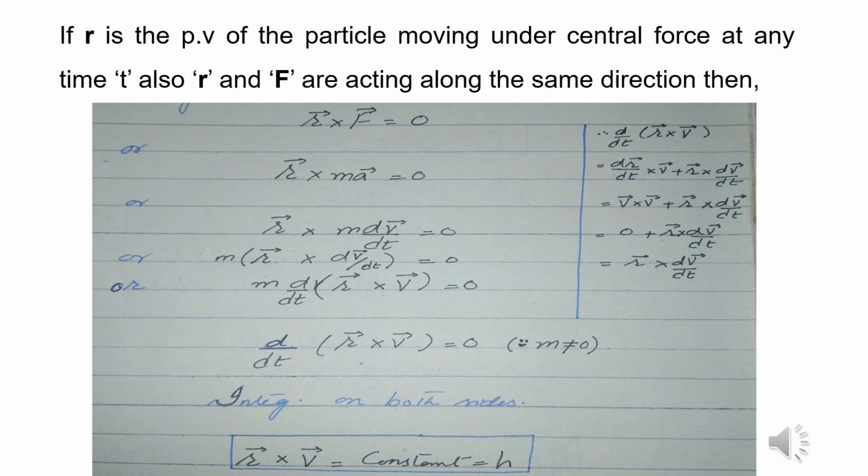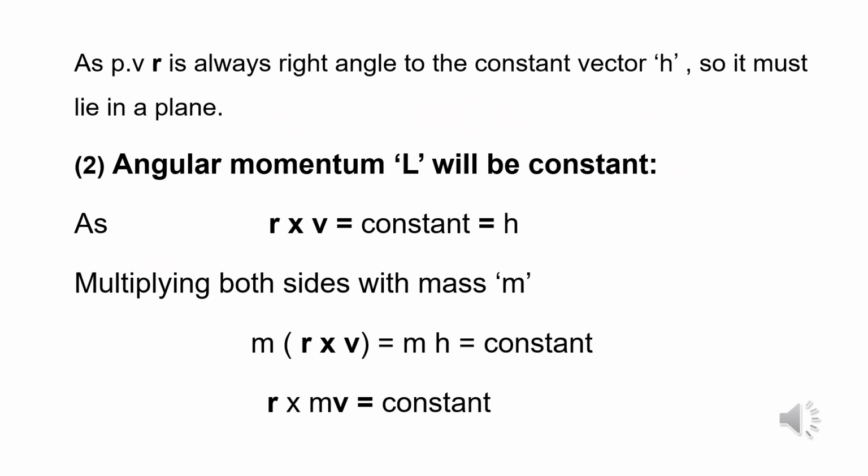Here is the same case. As the position vector r is always at right angle to the constant vector h, it must lie in a plane. That shows that r cross v is equal to a third quantity h that lies on the plane.